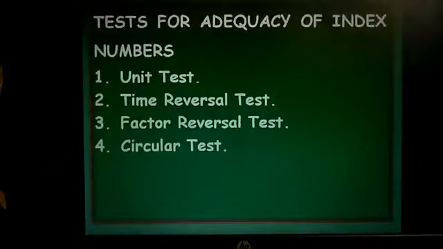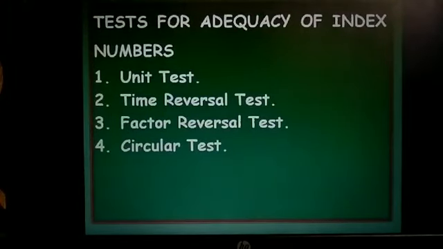Next concept we will be discussing is test for adequacy of index numbers. Many index numbers we have already come across so far in our discussion. Which is the best one? In which situation, which index numbers are to be used?